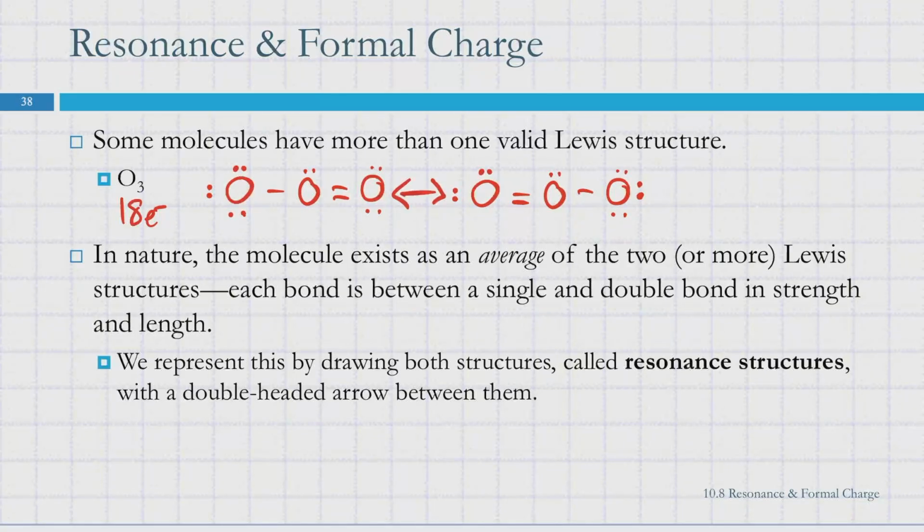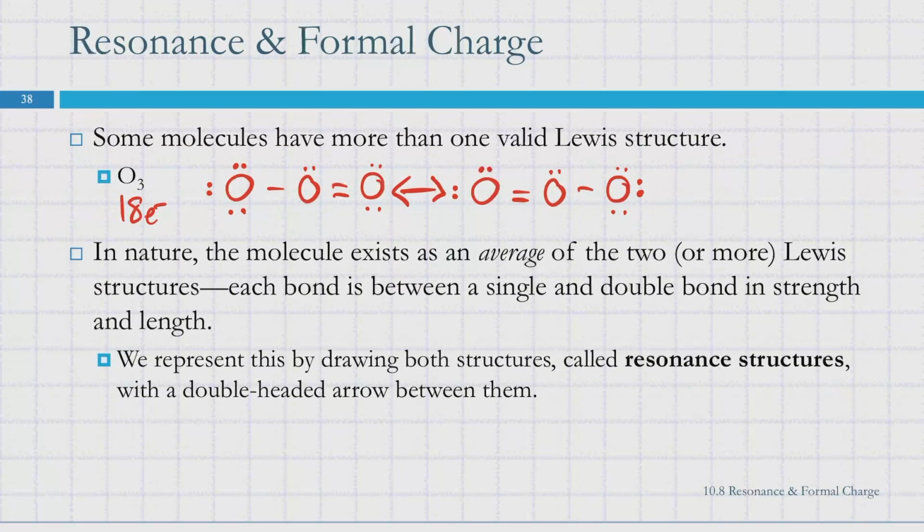So what we do here is instead of choosing, we say, no thank you, I don't want to make a choice today, I'll take both please. And we do that by writing that double-headed arrow between them. So this is how we represent it in Lewis theory. In reality, it's a hybrid of those 2.